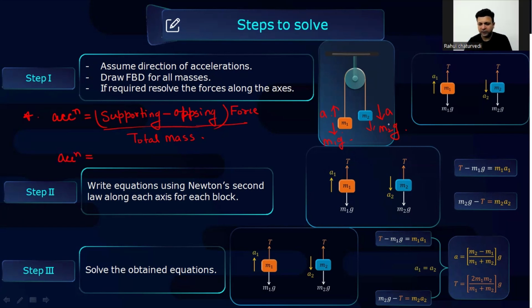Here the supporting force is m2g minus the opposing force m1g, divided by m1 plus m2. You can write it as (m2 minus m1) divided by (m1 plus m2) into g, right? So by this process, you don't have any need to form the equation. You can directly find out the acceleration. Getting my point?